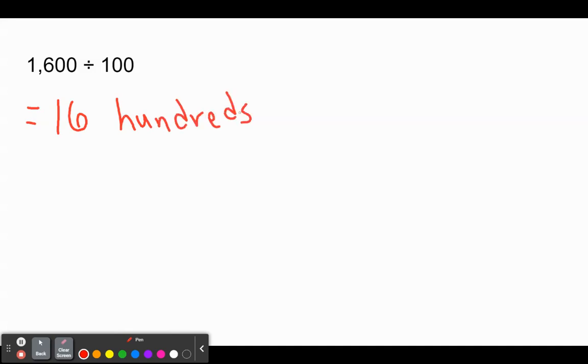So now I have 1,600 divided by 100. Okay, so if I rewrite this in word form, that's going to be 16 hundreds, and we are going to divide that by 100.